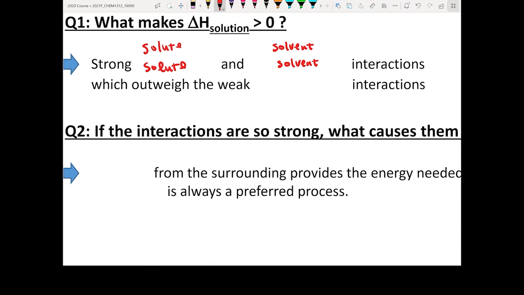Basically, the first two terms, the energy to break apart your solute and your solvent molecules, outweigh the weak solute solvent interaction. Under these conditions, you are going to have a positive delta H.